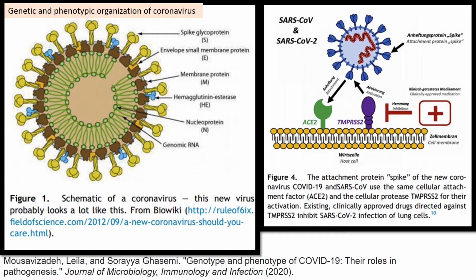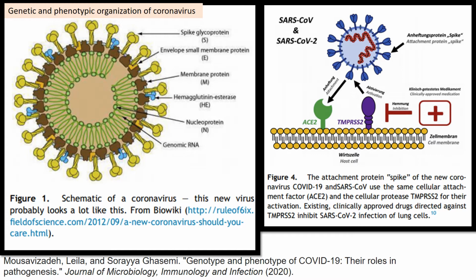There will be nucleoproteins, right, and there will be genomic RNA held together by this nucleoprotein. So just remember from the slide that we have abbreviated these different proteins by S, E, M, H, E, and N, right? We will be using this in the next slide.